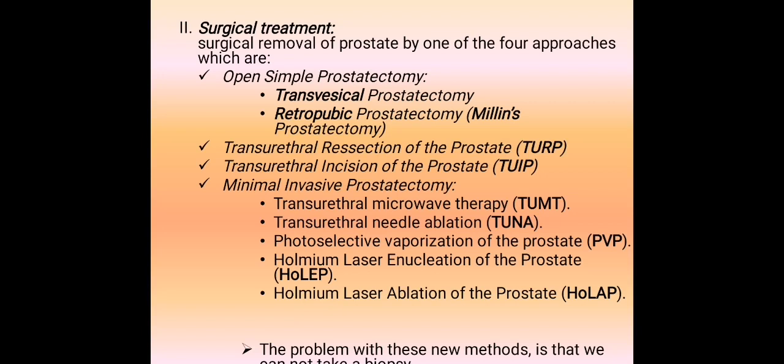Another option is a transurethral incision of the prostate, which is used for smaller fibrosed prostate. There are also minimally invasive techniques for prostatectomy, including transurethral microwave therapy, transurethral needle ablation, photoselective vaporization of the prostate, holmium laser enucleation of the prostate, and holmium laser ablation of the prostate.